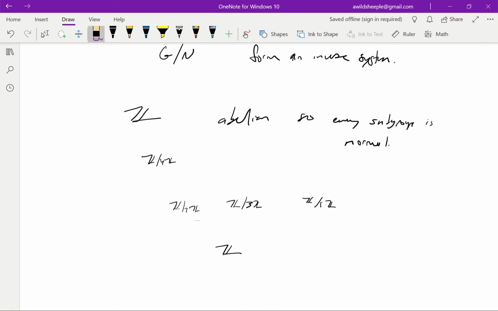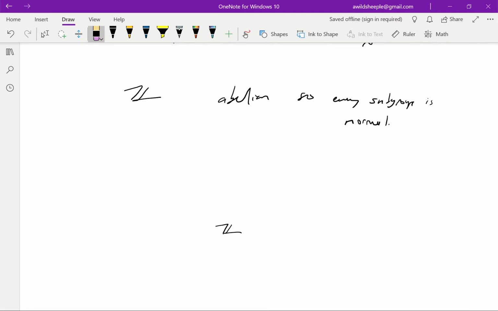I need to make sure I get this right, otherwise it doesn't make any sense. I can't quotient that way. I can't send Z mod 2Z into Z because the only way to do that would be to send it to 0.